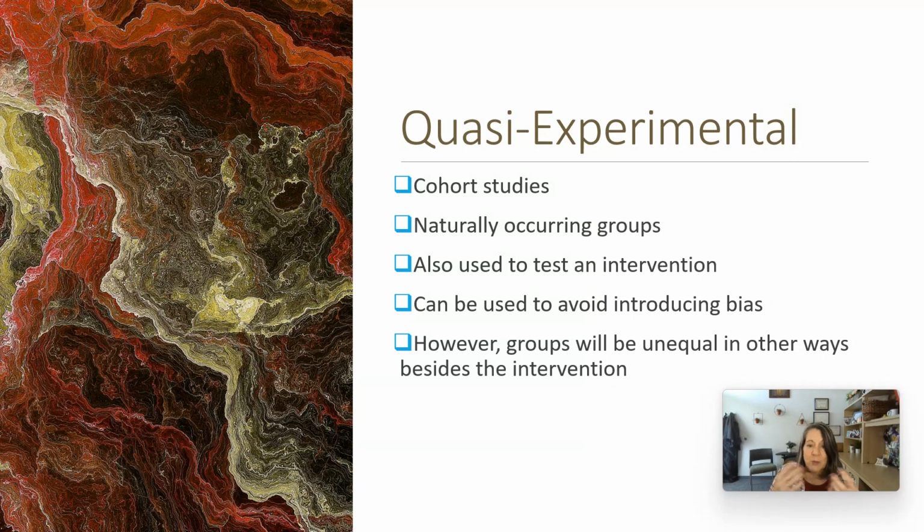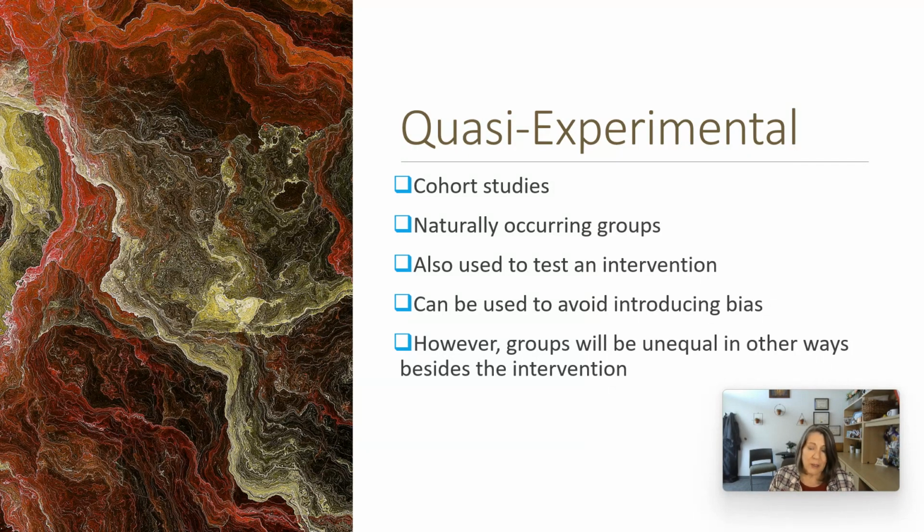So we could be looking at a group that naturally occurs, or a group that we formed the cohort by bringing together folks who wanted to participate in a fall prevention study or something like that. So these are either naturally occurring groups or groups that we formed, that the researcher themselves placed people into groups rather than randomizing them.